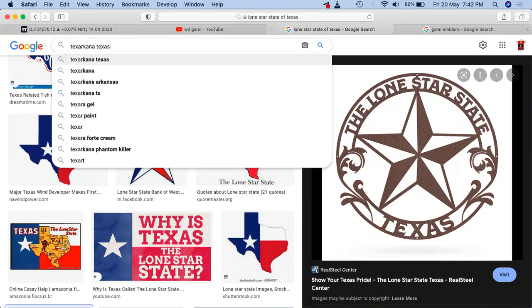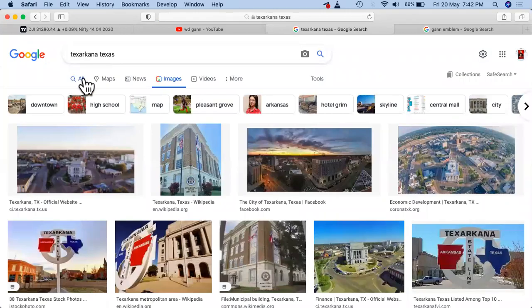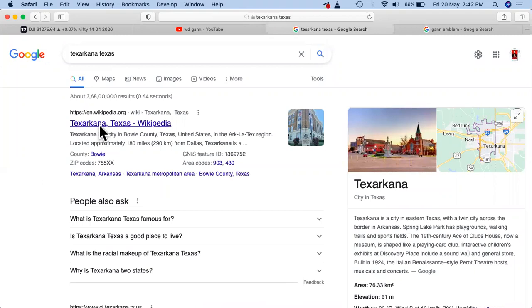Now what we see is Texarkana is in Texas, Arkansas also. So probably let's try to find out about Texas because he was there in Texas and read something related to that. So Wikipedia is there. That is the best thing. And it says Texarkana is a city in eastern Texas with a twin city across the border in Arkansas.